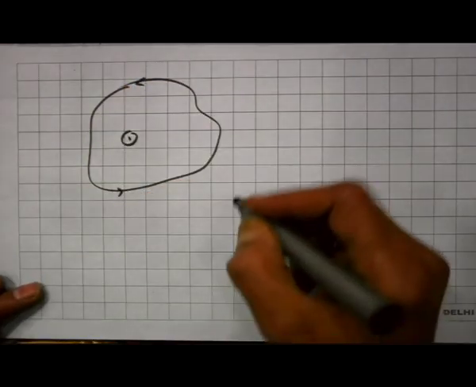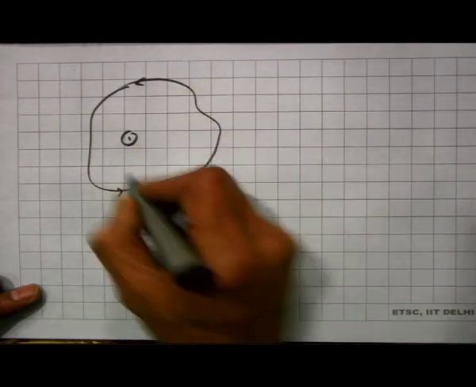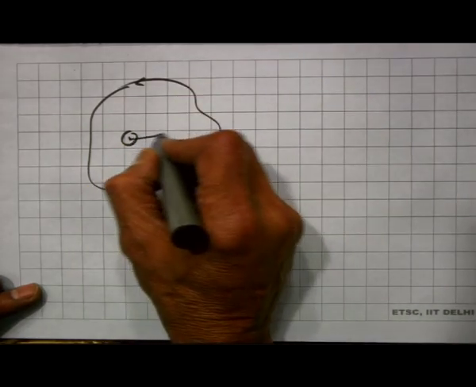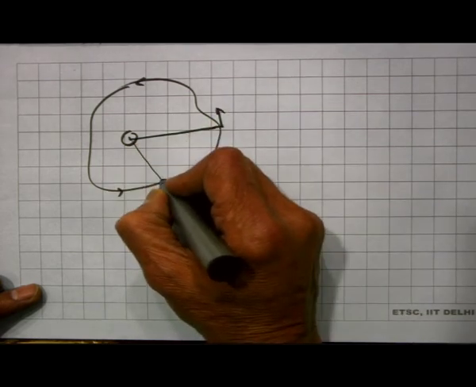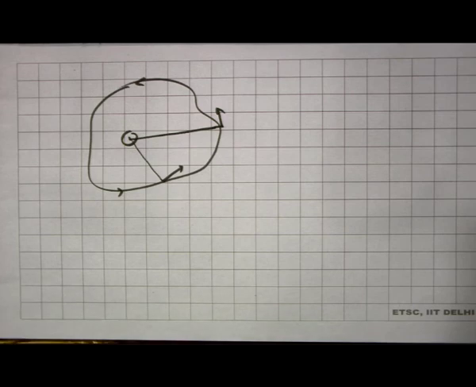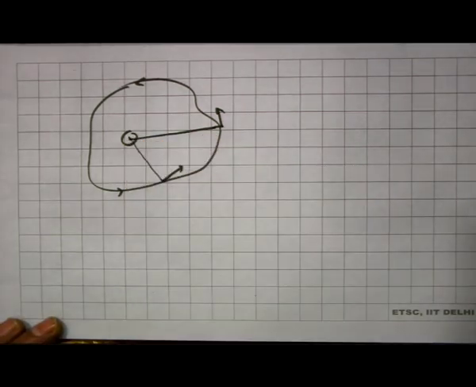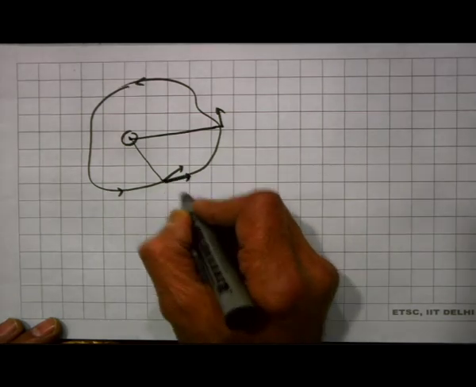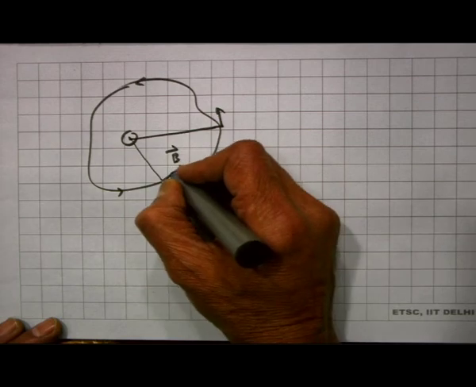The magnetic field is always perpendicular to the line from this point to the wire, but it is not along the path. The dl vector is like this, the B vector is here, and the angle between them is phi.